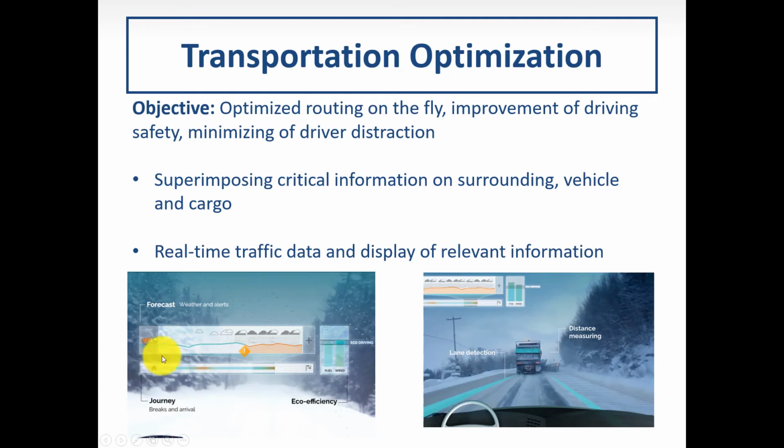You can also get a visual of your current status in the complete route, what is ahead of you. Maybe there is a storm, some warnings, so that you can plan your trip. So this is basically a superimposition of critical information and surroundings on the trucker's driving experience. Again, there is a lot of added value, but keep in mind tons of information that goes on top of what it takes to drive a huge truck or lorry.